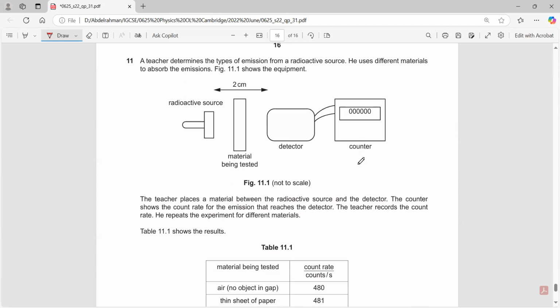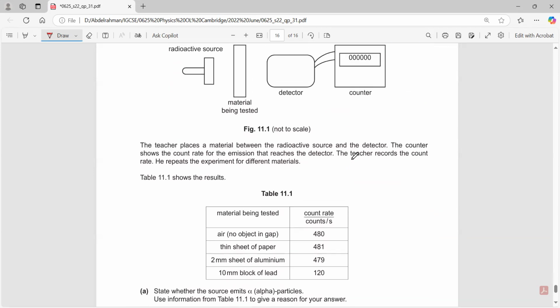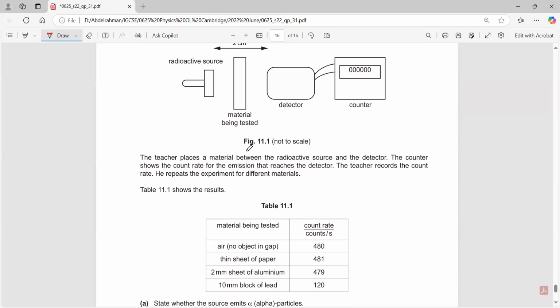Last question. Question 11. A teacher determines the type of emission from a radioactive source. He uses different materials to absorb the emission. The teacher places a material between the radioactive source and the detector, the material being tested, and he repeats the experiment.